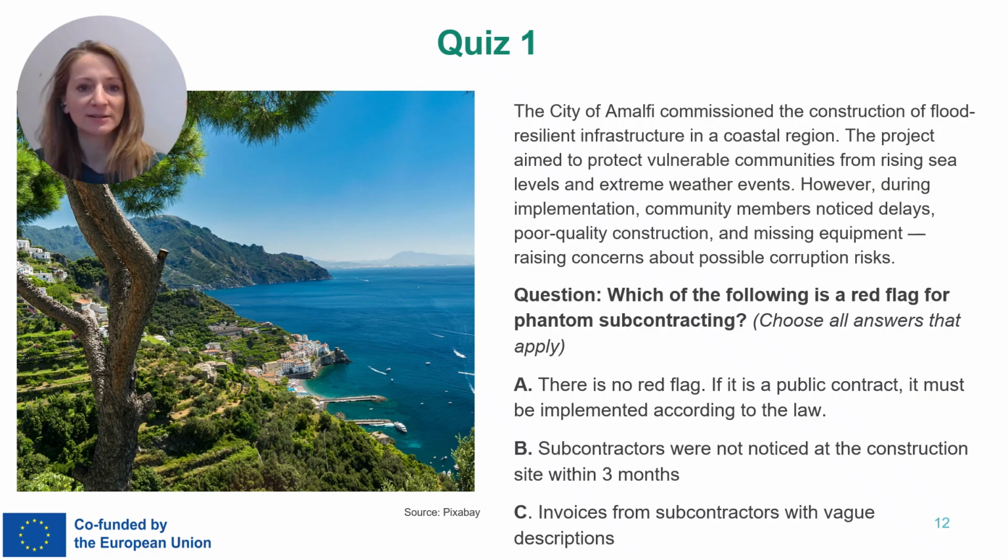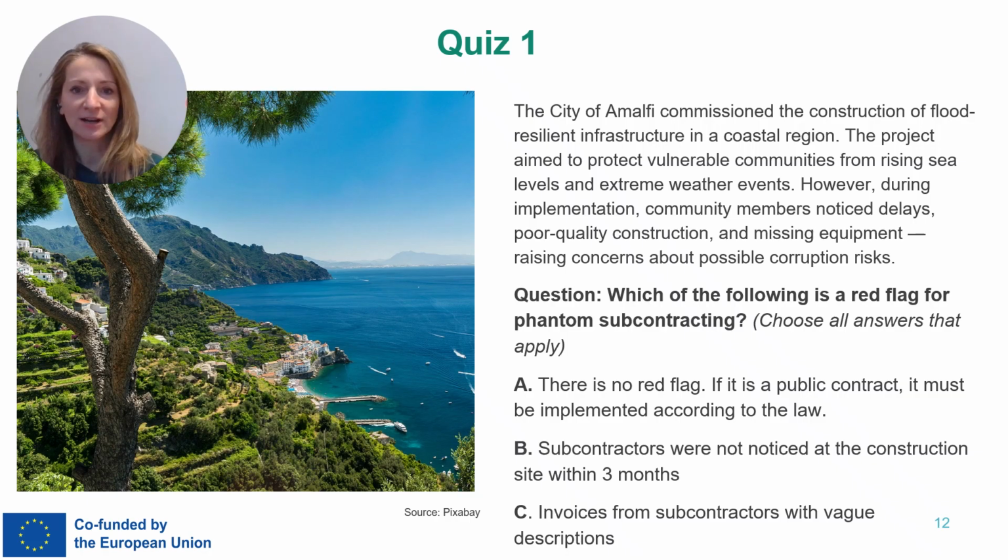And the correct answer is that a red flag should raise issues like those mentioned in answers B and C, because, first of all, absence of subcontractors on site suggests that they may be phantom entities created only on paper.